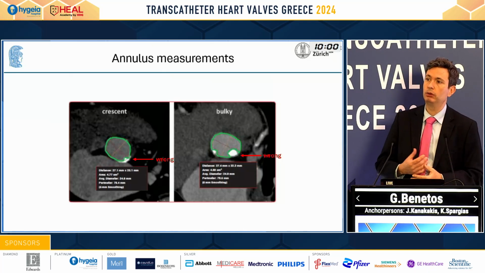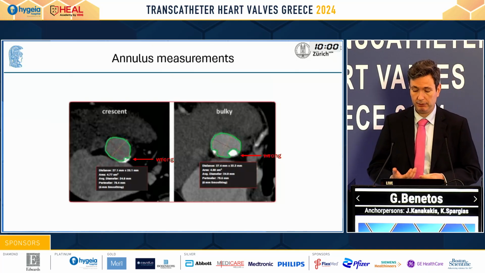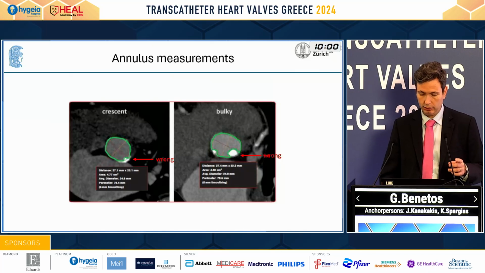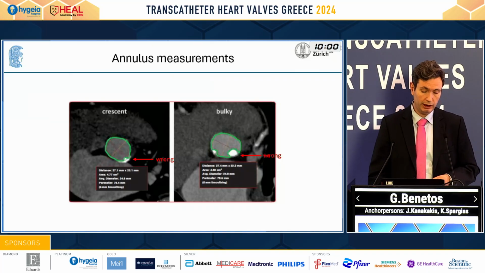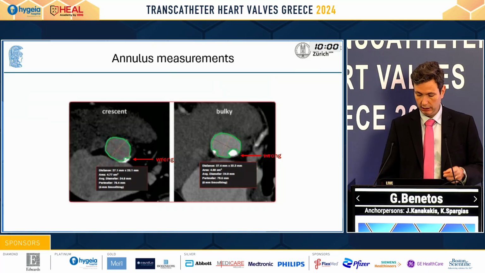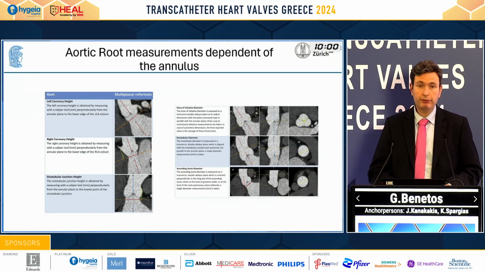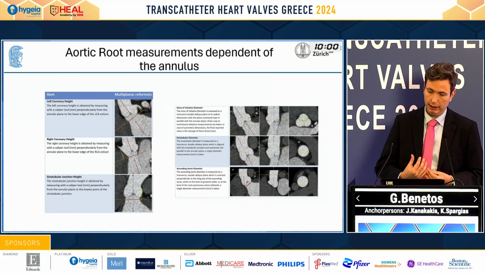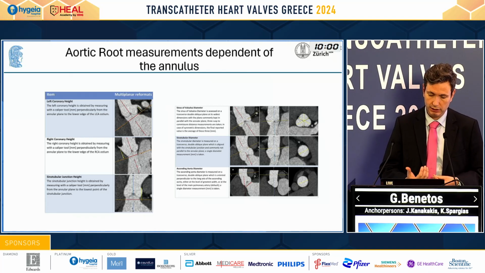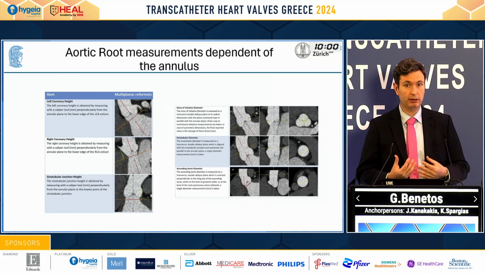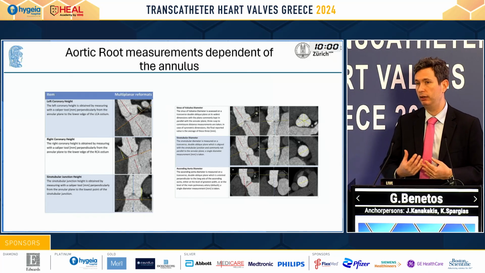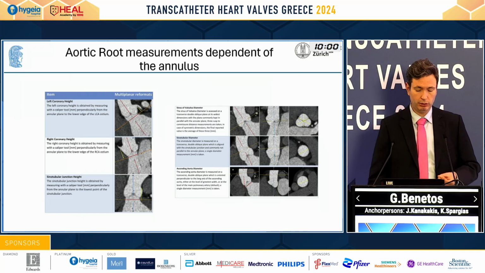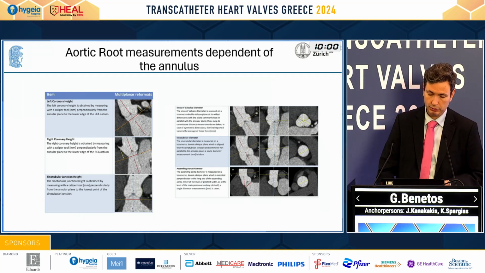These are some errors that we can make when we measure the aortic annulus. We should include the calcifications in the annulus measurements. After we measure the annulus, we have the annulus-dependent aortic measurements, which are of course the left and right coronary heights, which we want to be more than 10 millimeters in order to be safe and exclude any coronary obstruction.